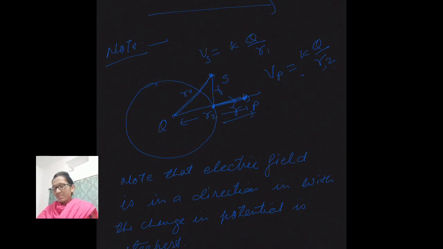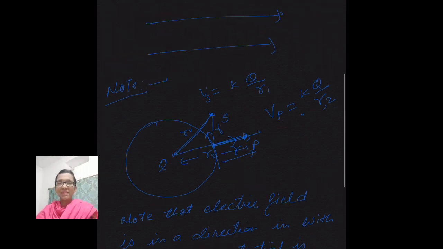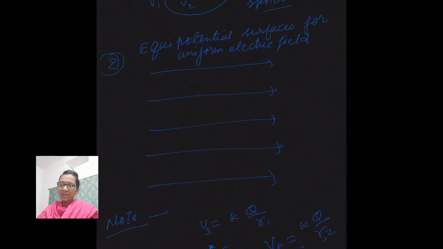Here you can see that the electric field is in the radial direction and the equipotential surfaces are on the surface of spheres. So we see that the tangent direction, this is your tangent direction in this very figure, and the radial direction are perpendicular to each other. So we can assume that if the field is in the x direction, the electric field is along i cap, along the x direction.